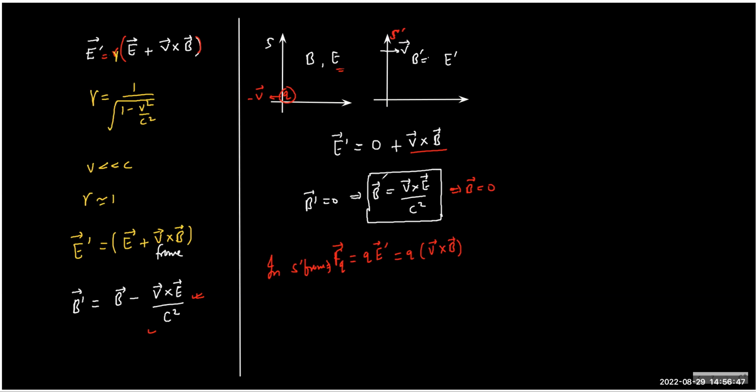And that is only possible when B and E have this relationship. So when B dash is 0, then B must have this relationship, V cross E by C square, where E is the electric field. Or we can do it like this also.